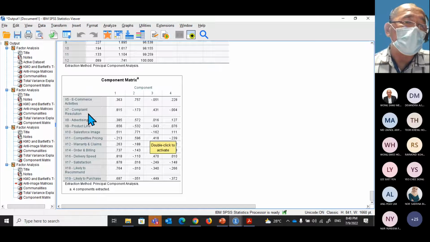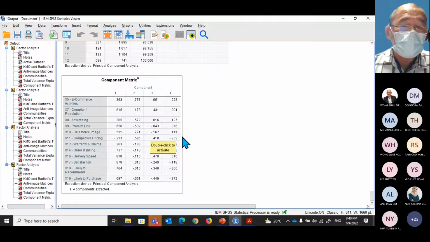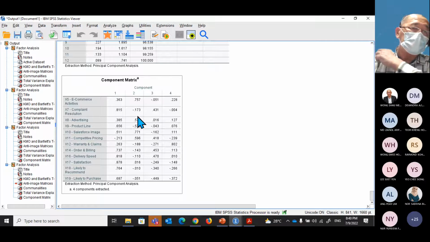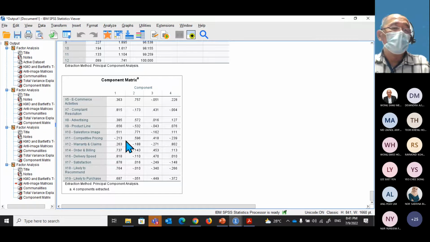Example, let's say it's a high value. Complaint resolution 0.815. This variable contributes a lot to the first factor. So this one is good, but not good enough, because it's not easy for us to know which variables factor 1 should include.